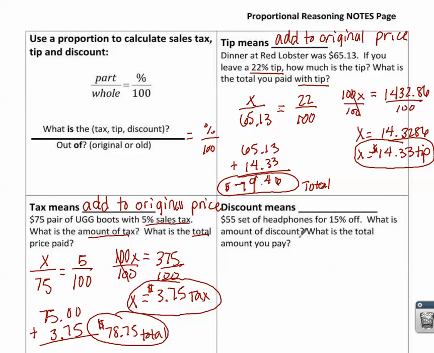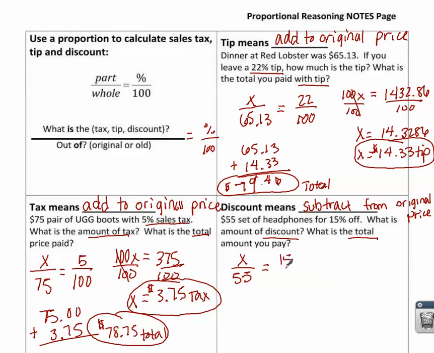Now let's look at discount. Discount, you're saving money. So you're going to subtract your discount from the original price. So in this example, $55 set of headphones for 15% off. What is the amount of the discount and what's your total that you pay? So again, you don't know the discount, so that's X over your original amount of $55.